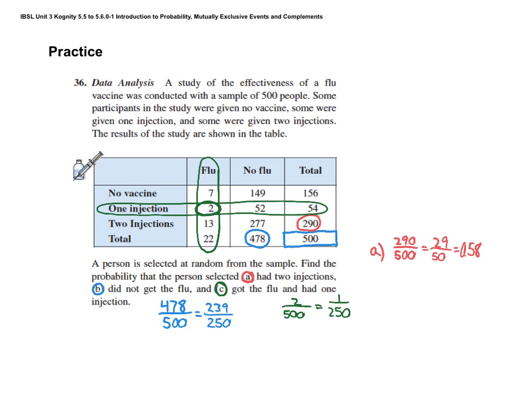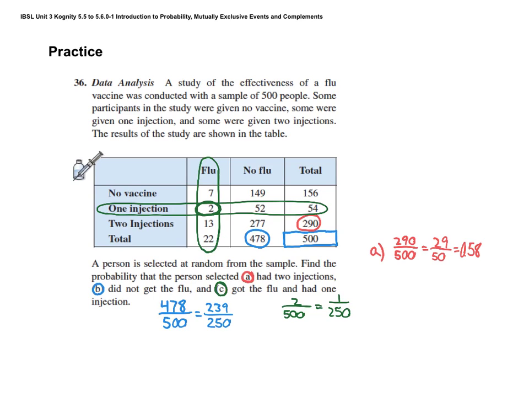Guys, this is why we put things in terms of these probabilities. If you just looked at the table and said, whoa, 13 people got the flu with 2 injections, but only 2 got it with 1 injection, we should just give people 1. Well, that doesn't tell the whole story, okay? Because only 54 people had 1 injection.